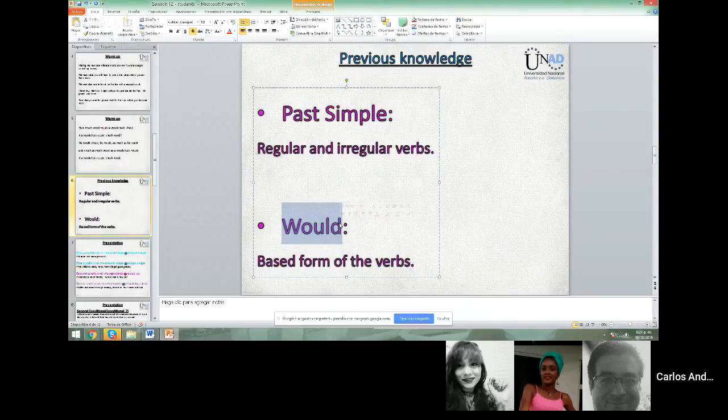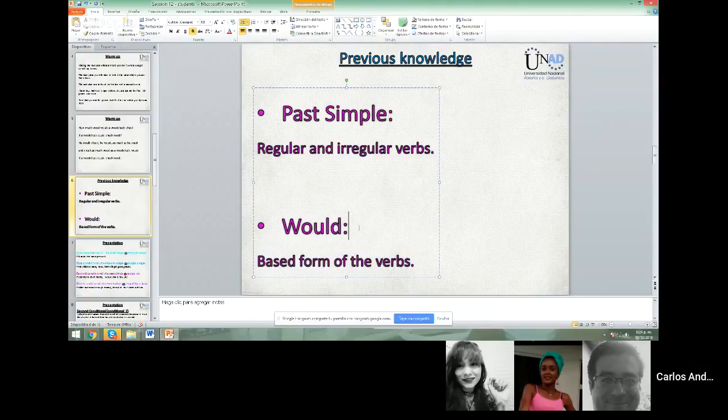Last week, we learned about modal verbs. Would is another modal verb. So some of the general rules we learned about modal verbs, we have to use them with would. For example, we cannot add the S sound after would, okay? And we have to use the verb in the base form.